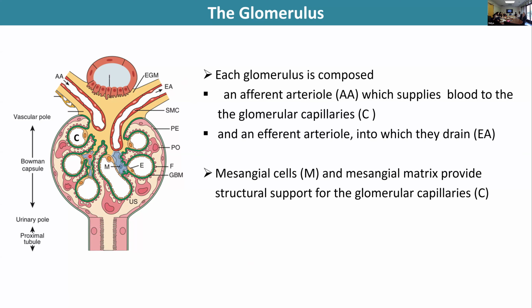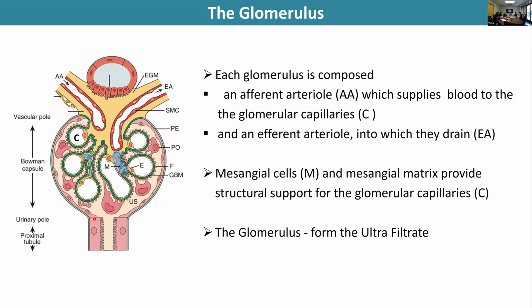So we have the mesangial cells. You see the blue ones, these are the mesangial cells, and they provide the structural support between the glomerular capillaries. Once the blood enters and is filtered into the Bowman space, the filtrate is called the ultrafiltrate. The ultrafiltrate goes further down to the proximal tubule, and all this concentration process occurs to get a final urine.